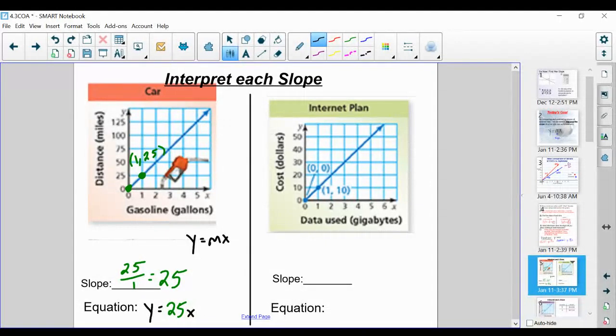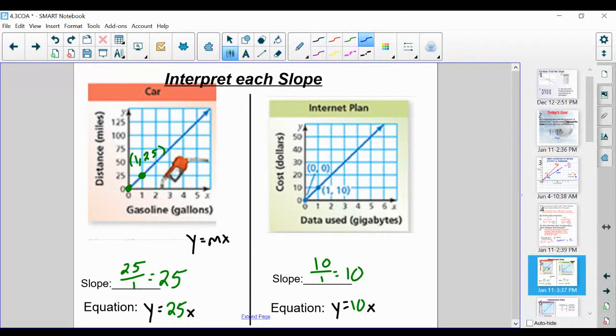So if we're trying to calculate the slope, it's going to be the y value over the x value because it's direct variation and we know it's 0, 0. So we're going to get 10 over 1, which is just 10. And now we can take it and we can write it into direct variation. It's going to be y is equal to 10x.